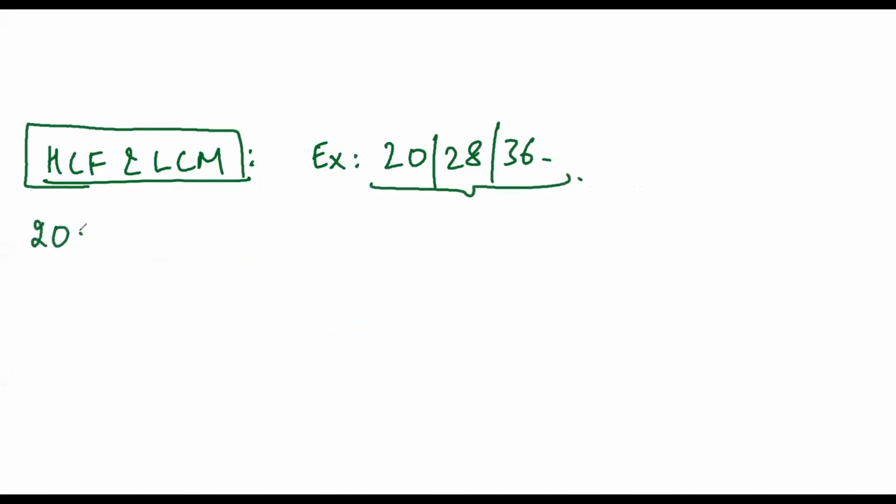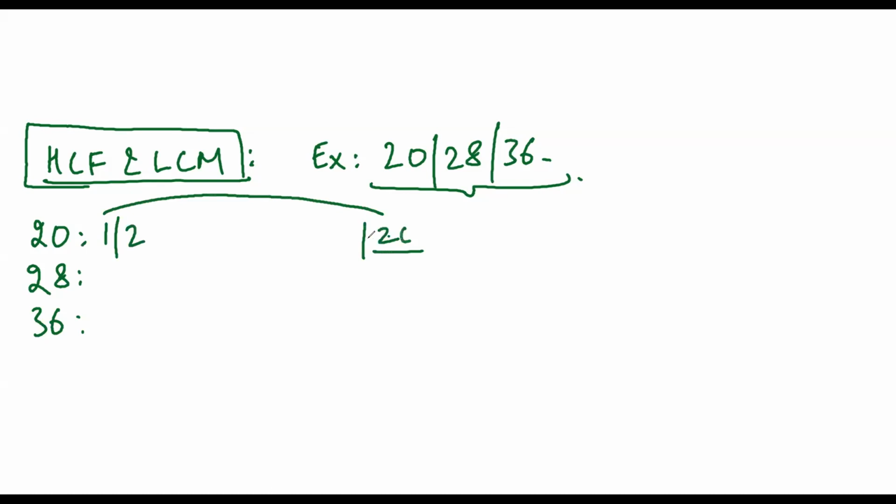For example, the factors of 20 by my rainbow method are 1, 2, Sarthak, what should I write here? 20.